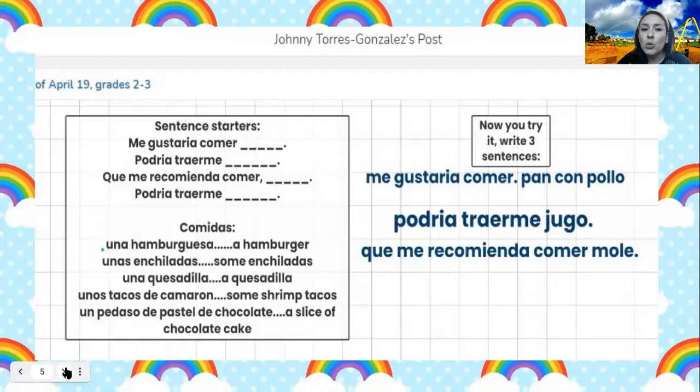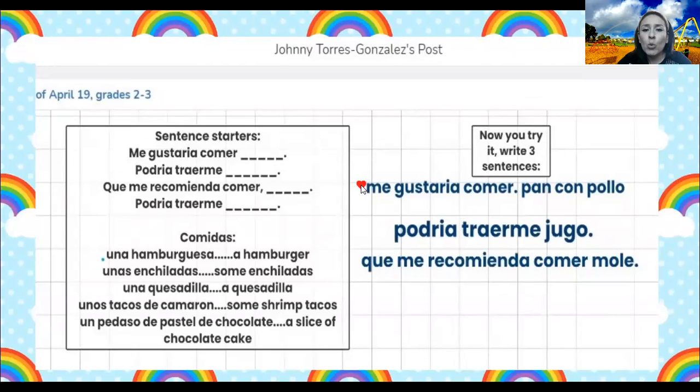I also want to congratulate my friend Johnny. Johnny escribió 3 oraciones. Muy bien. Una, dos, tres. And I like that Johnny used words that he already knew, okay? He remembered some of the words that we learned in our food unit.